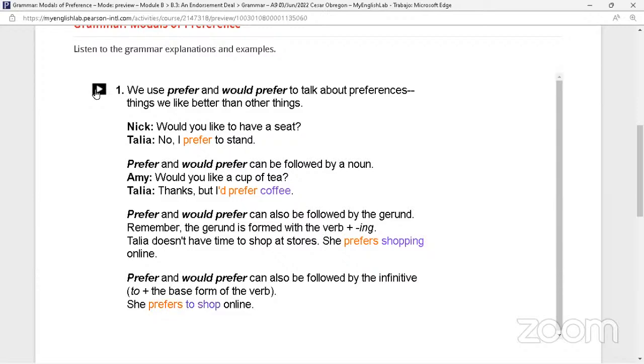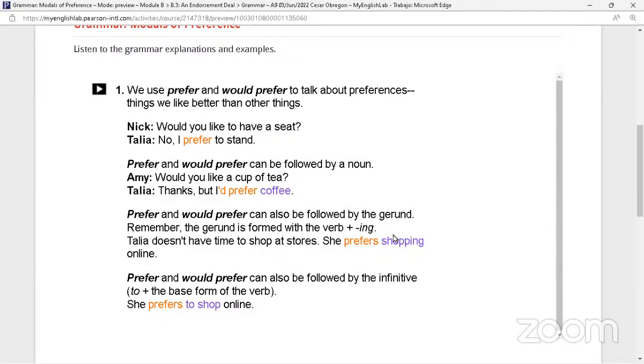Okay, any questions? Yes. Is there any difference when to use the gerund or the infinitive after prefer?